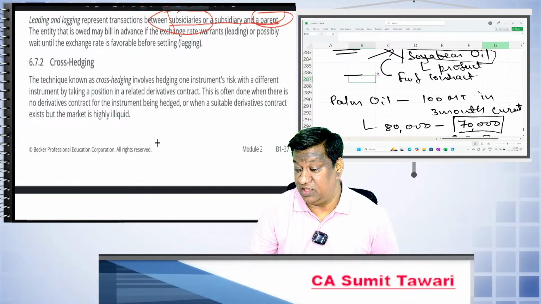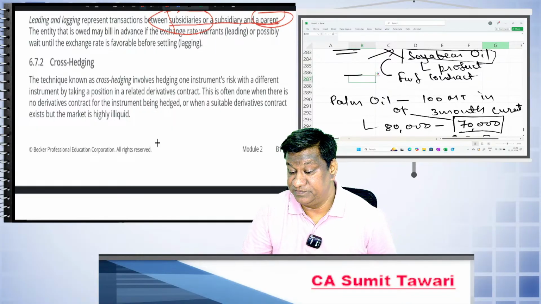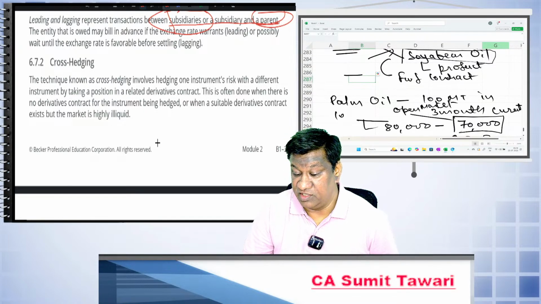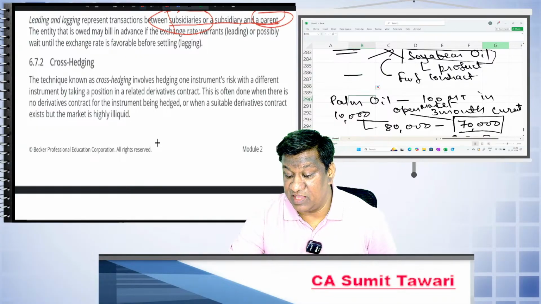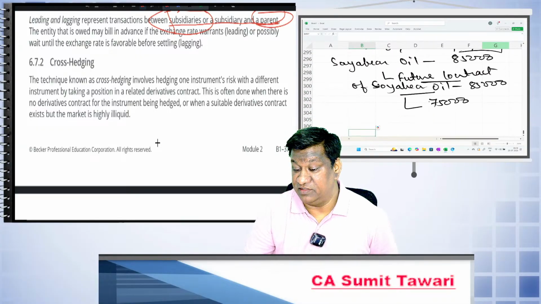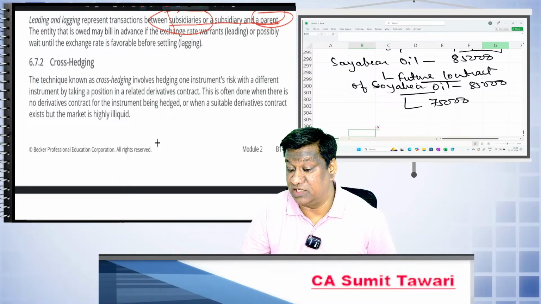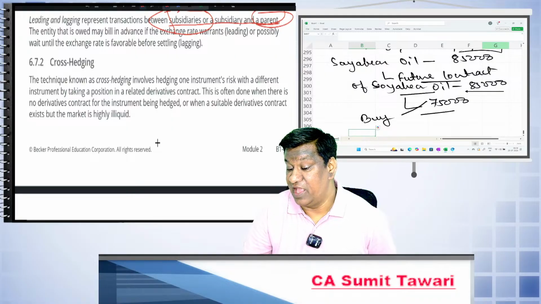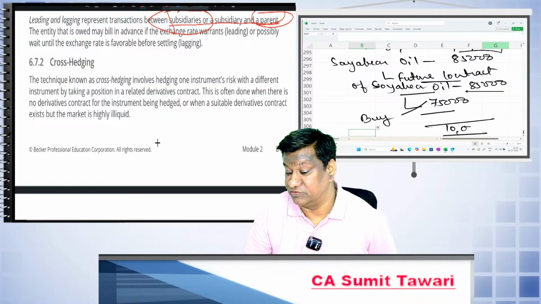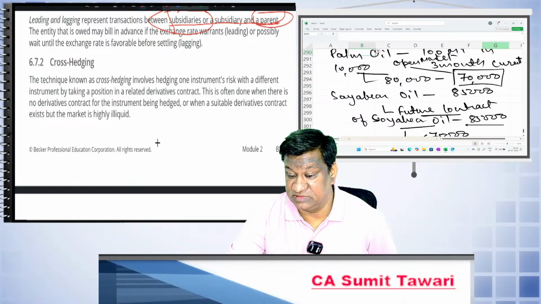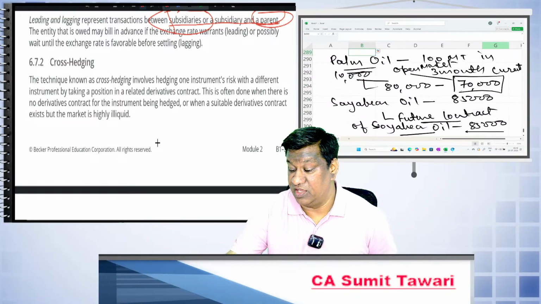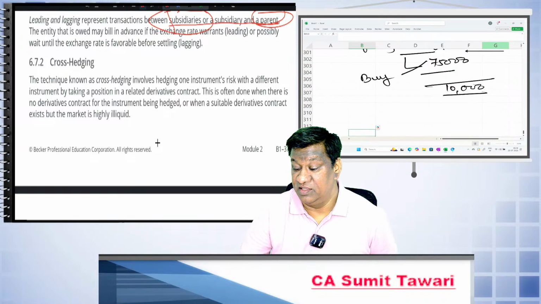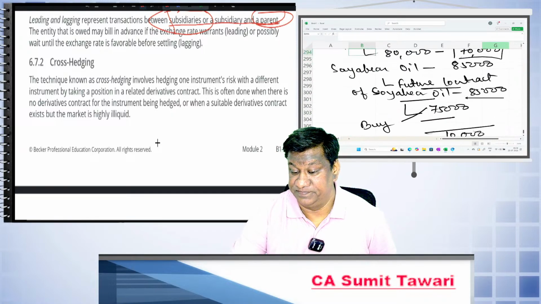Now I can sell at 70,000 in the open market, so there is a loss of 10,000 in palm oil. But I have a future sell contract, so I can sell at 85,000 and buy from the market at 75,000, making a profit of 10,000. So my 10,000 loss in palm oil gets compensated by the future contract of soybean oil.